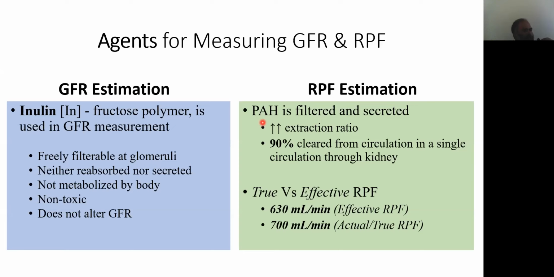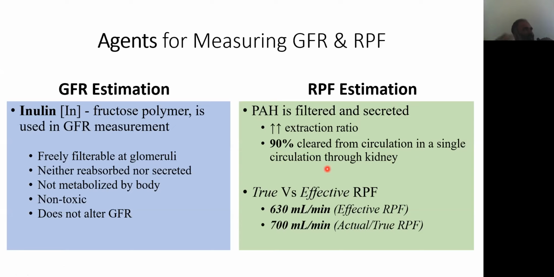When injected, it gets filtered and secreted to such an extent that even in one single circulation through the kidney, 90% of PAH is cleared. Again, the word from clearance, it's cleared from the plasma.